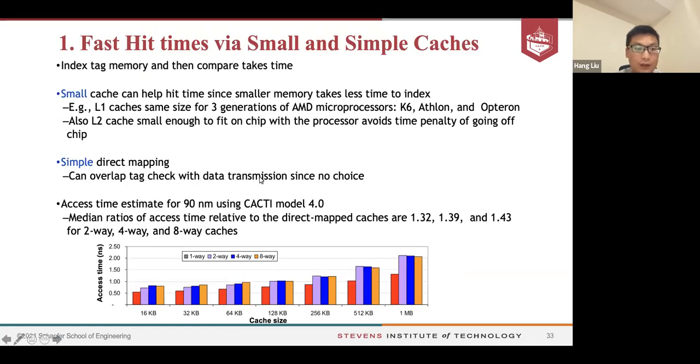Also, with the CACTI 4.0 cache model, we can see that the median ratio of access time relative to direct mapped caches gets longer when you have more ways, right? This is also very straightforward. This tells us smaller and simpler caches help hit times.